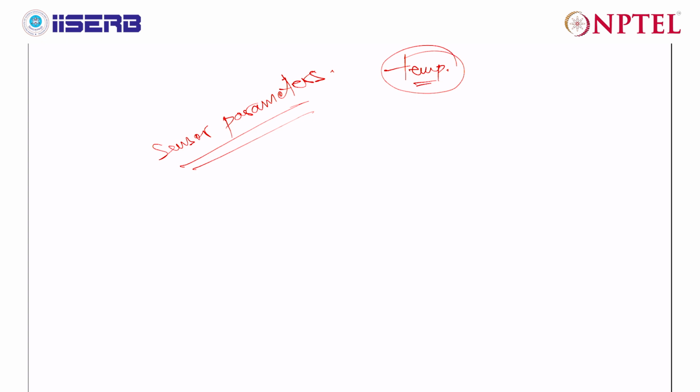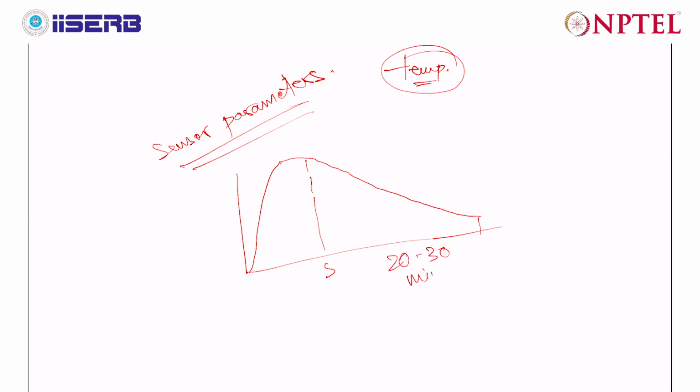So you may find different temperature sensors, or you may make a sensor to detect temperature, where the response time is probably fine, but the sensor recovers very slowly. At times it may take a few 10 minutes, maybe say 20 to 30 minutes just to recover.